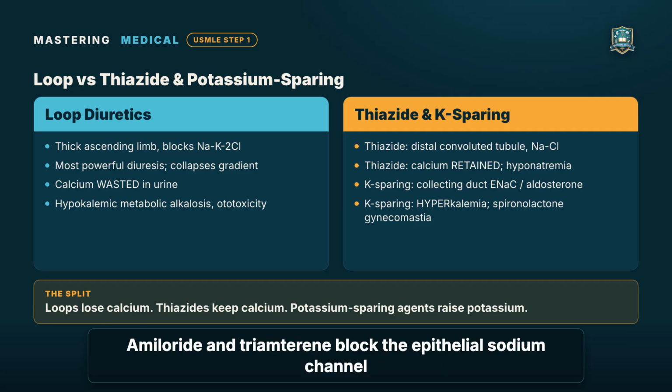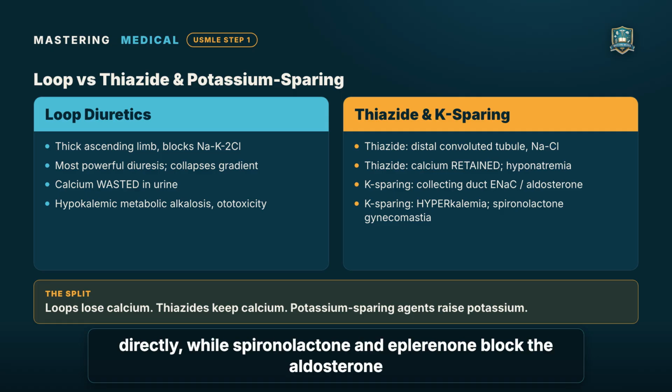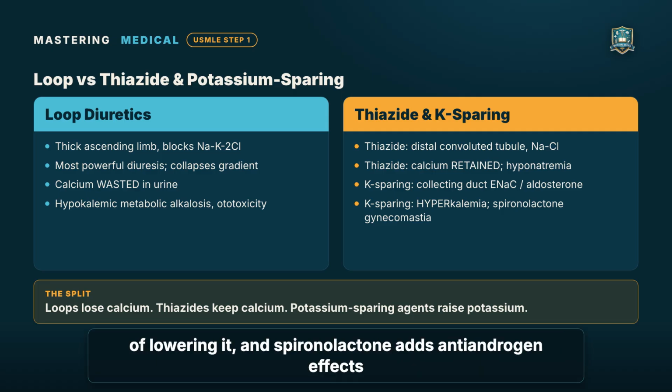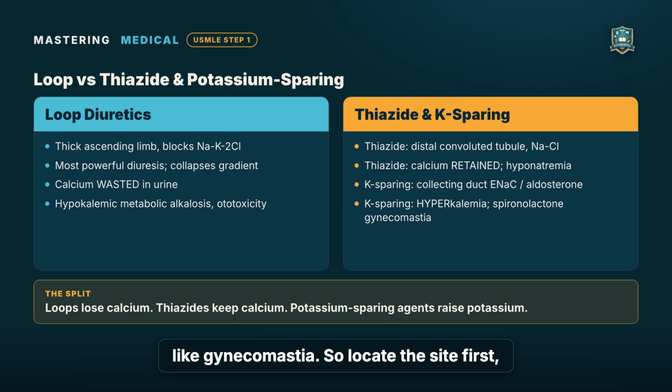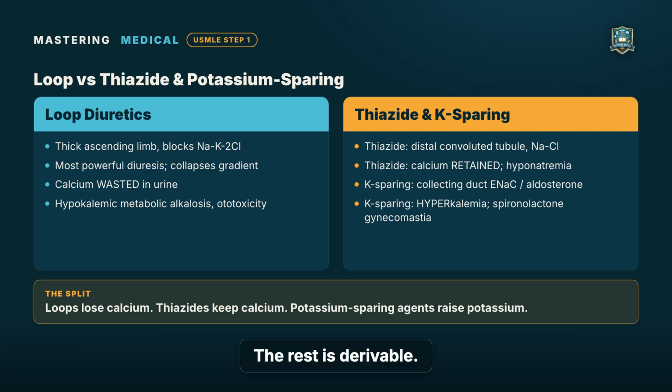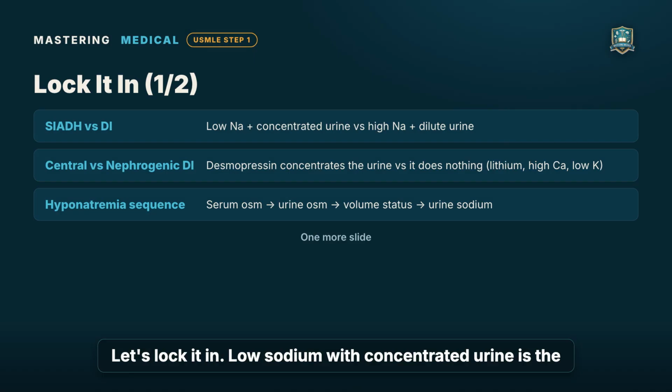Amiloride and triamterene block the epithelial sodium channel directly, while spironolactone and eplerenone block the aldosterone receptor. Weak diuretics, but they raise potassium instead of lowering it, and spironolactone adds antiandrogen effects like gynecomastia. So locate the site first, then attach potassium, calcium, and the signature toxicity. The rest is derivable. Let's lock it in.